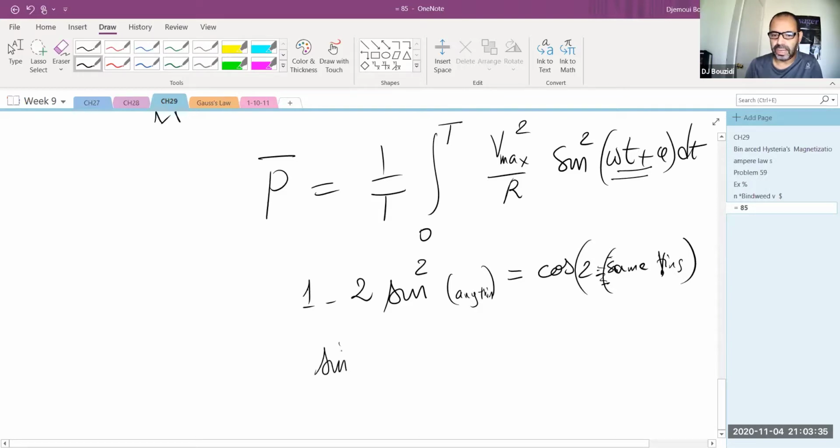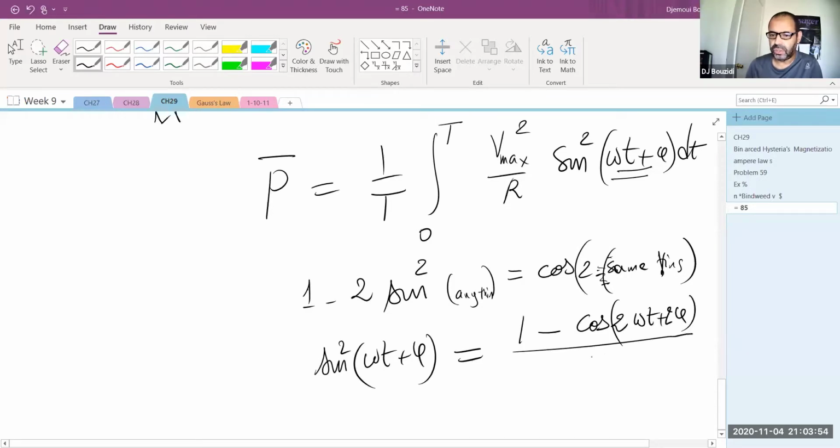So sine squared of omega t plus phi is, per this formula, if I move terms to the other side, 1 minus cosine of 2 omega t plus 2 phi, divided by 2, because I have a 2 in here.